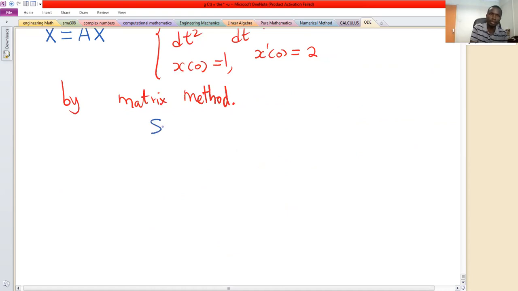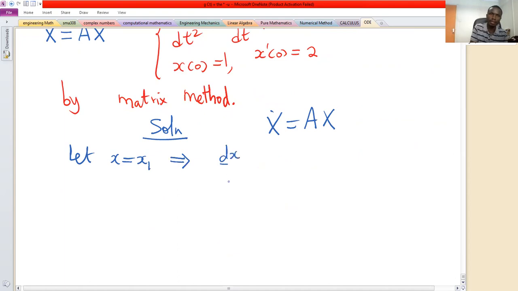So solution, the first thing is to get x dot equals Ax. So we start by saying let x be x1. Which means dx dt is equal to dx1 dt, and call this derivative another variable x2. Now call this one equation 1.